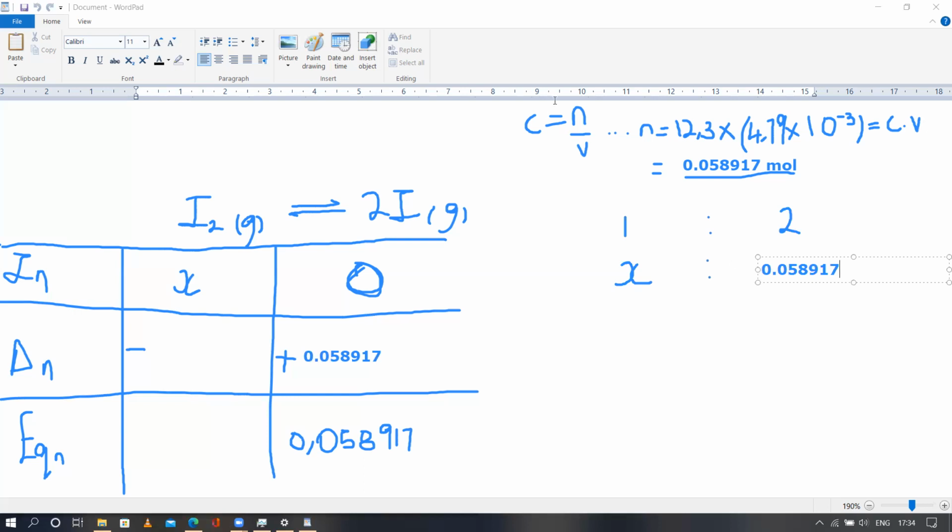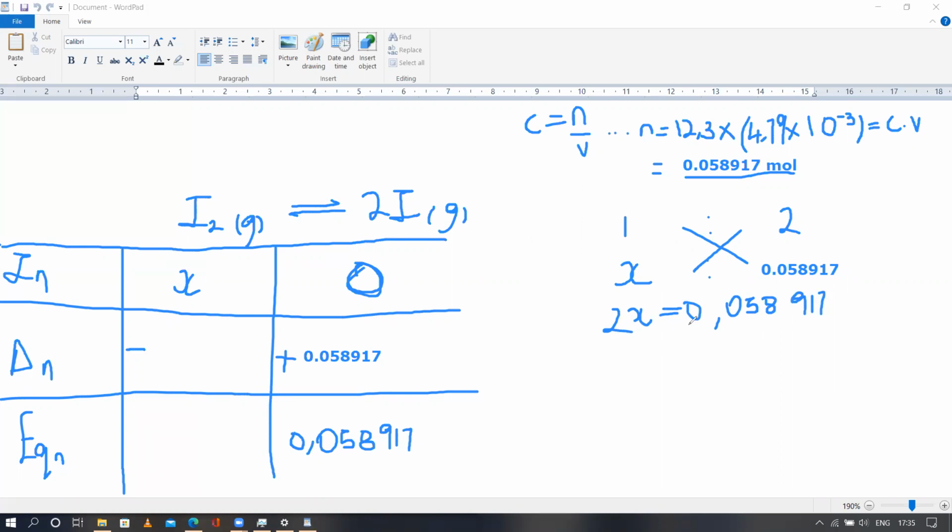And then after this, you're going to cross multiply, and you're going to have 2x is equal to 0.0589117.